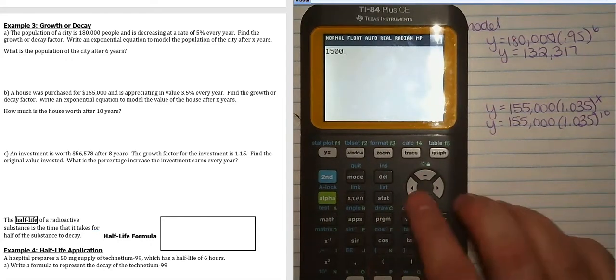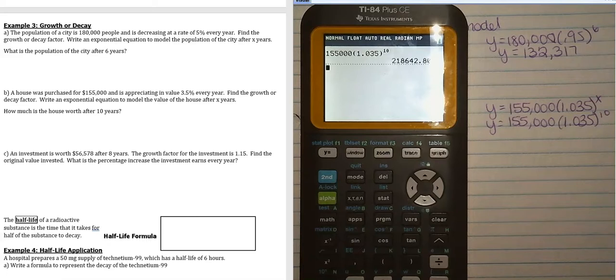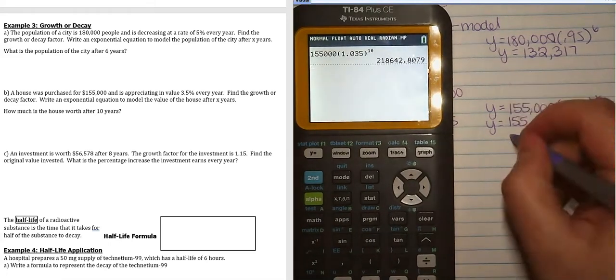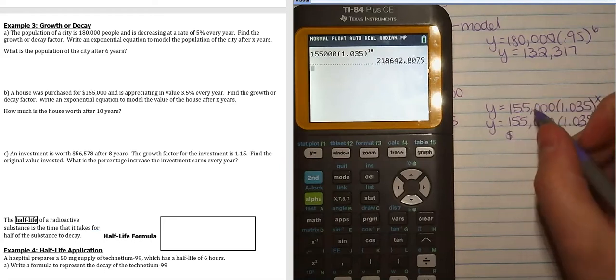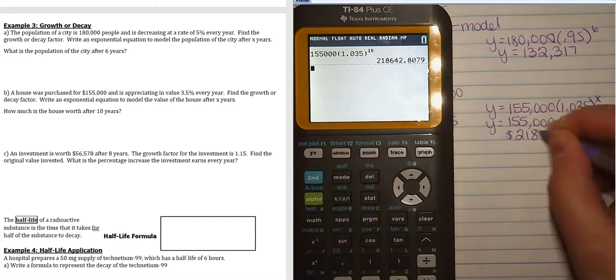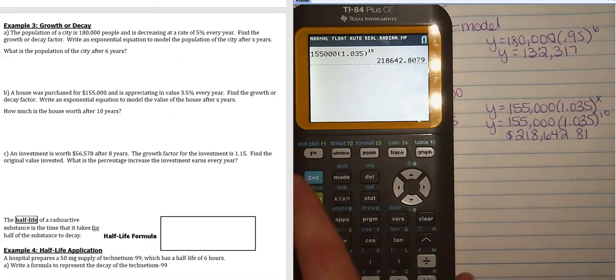So 155,000, and then 1.035 to the 10th. Now, this is talking about the value of your house, so we're going to round this to the nearest hundredth because we're talking about money. $218,642, and we'll round that up to 81 cents. So good value for your home.